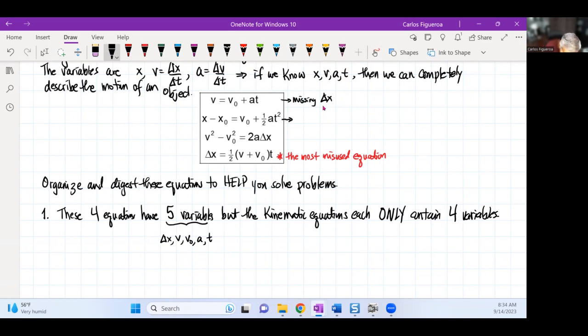By definition, this is already delta X, but I have V initial, I have AT, and I have delta X. What's missing here is V, which is the final velocity. So what I've done here is create a scheme that helps you identify the missing variable. Not what you know, it's what you're missing.